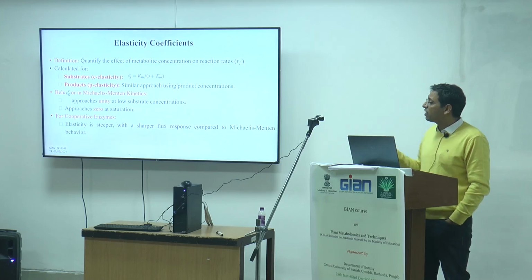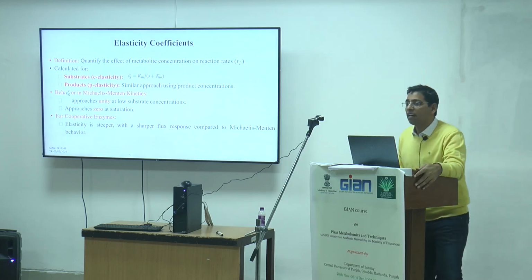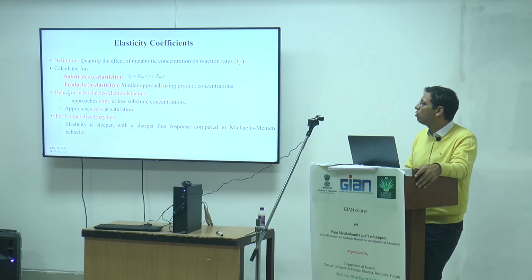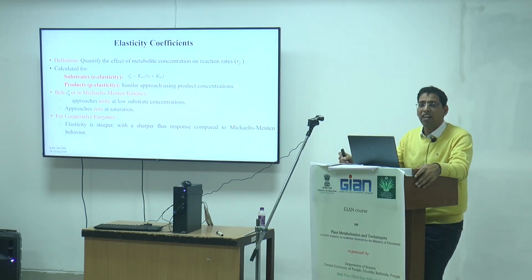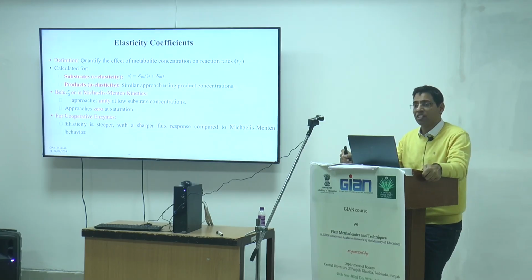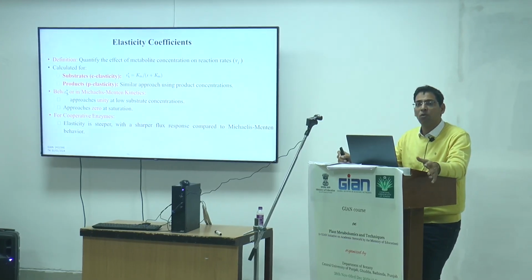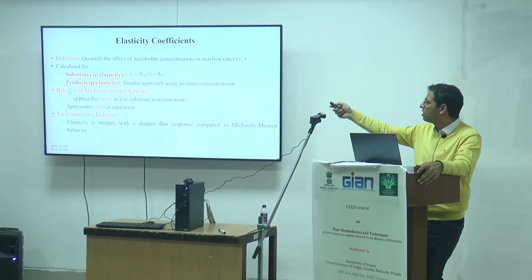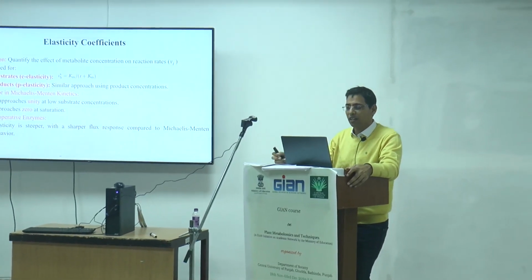So when we are considering the substrate for the elasticity coefficient, we use the E elasticity, and when you are using the product to understand the elasticity coefficient, then we are using the P elasticity. They are a similar approach, with respect to the product concentration first, and then with respect to all the reactants.